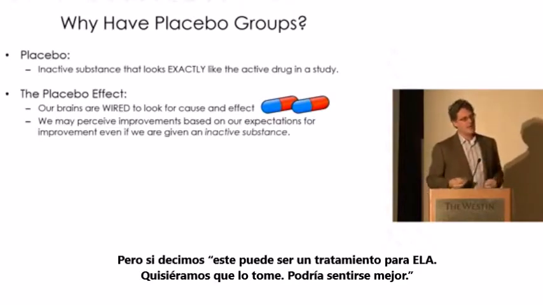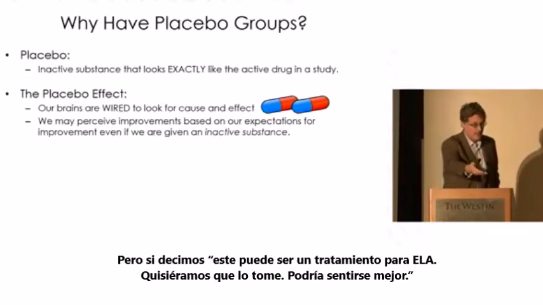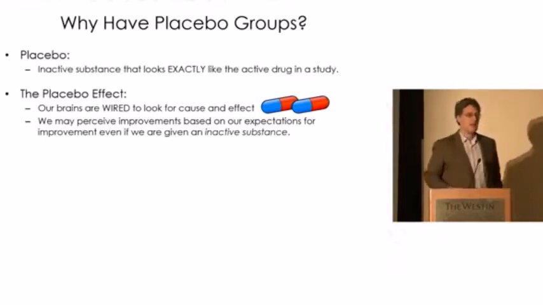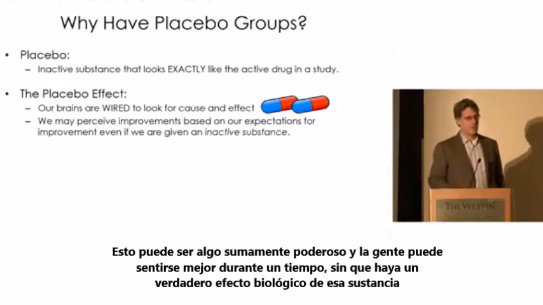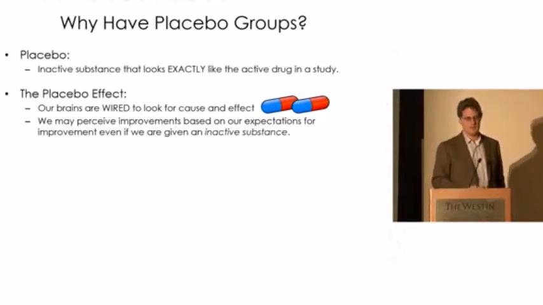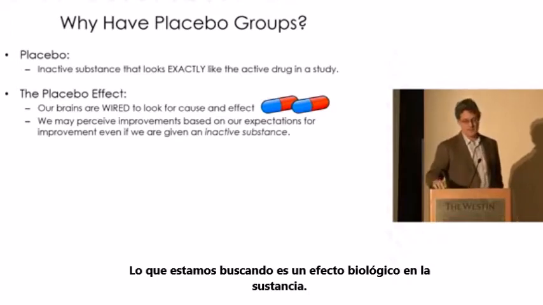But if we say, we think this may be a treatment for ALS, we want you to take this, you may feel better, it can be very, very powerful, and people can feel better, at least for some period of time, without a true biological effect of that substance. And what we're looking for is a biological effect of the substance.